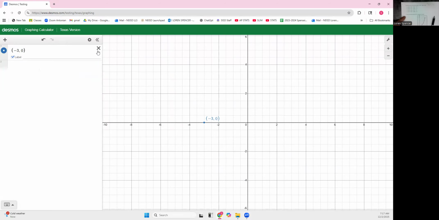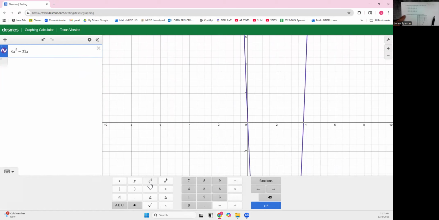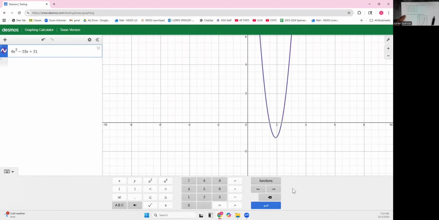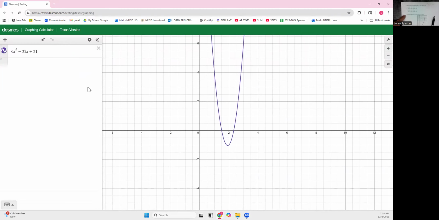Okay, clearing this out. And we have 6x. I go to the little typewriter down here, press the squared button, minus 23x plus 21. So there's my first parabola.